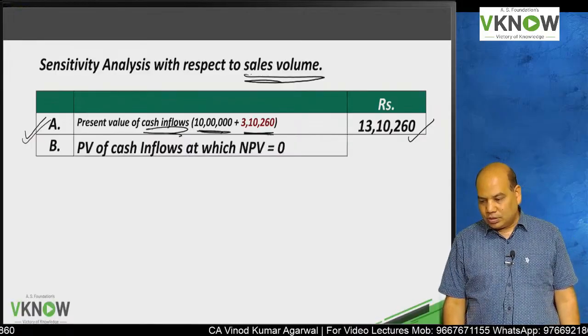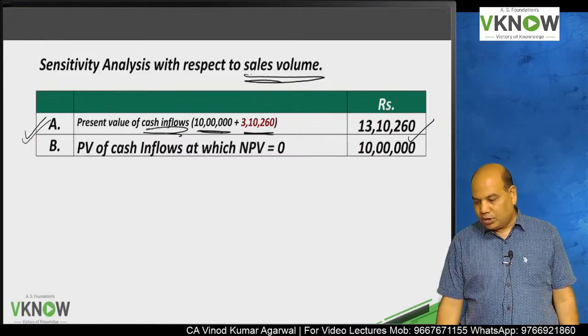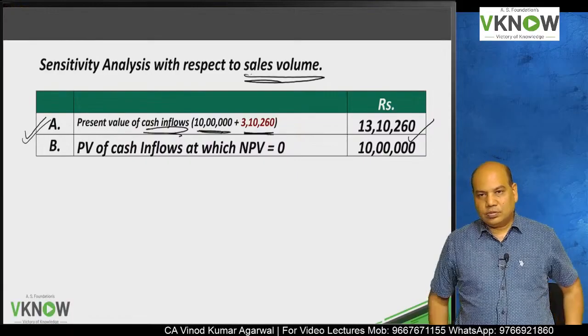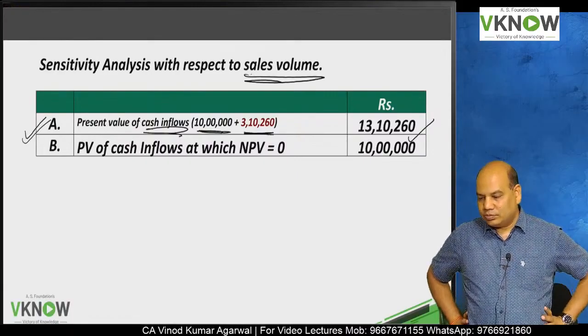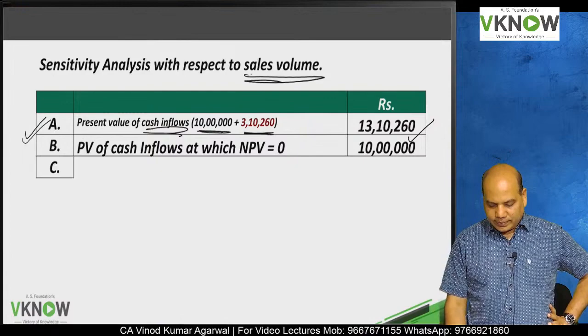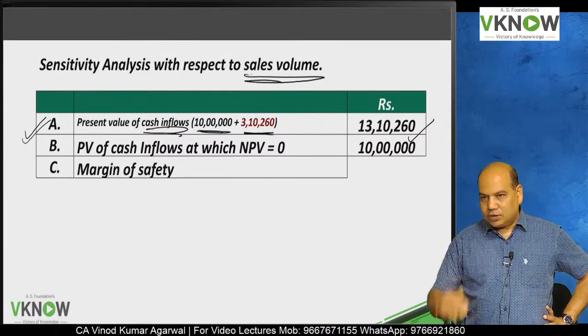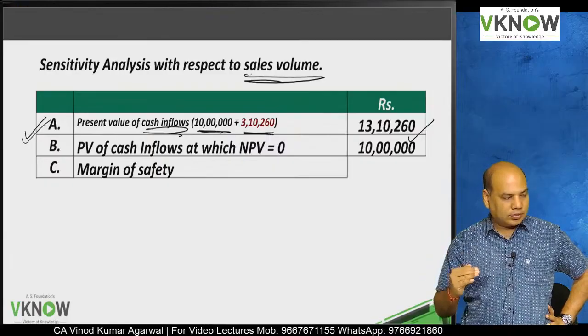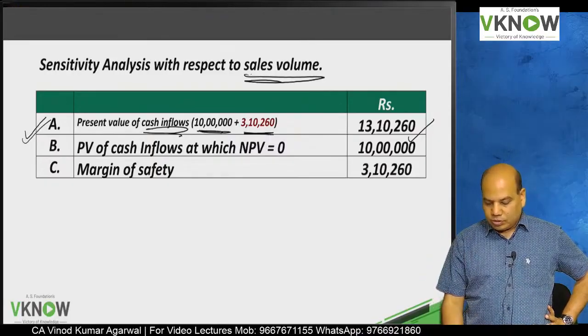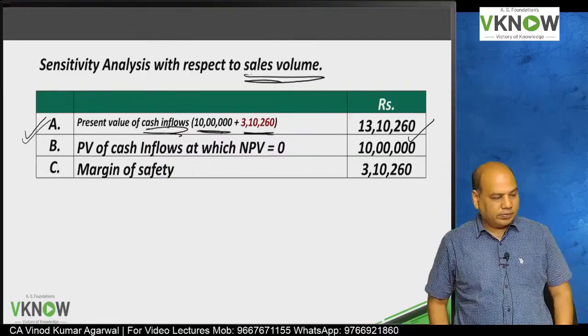Then write down, PV of cash inflow at which NPV is 0 is 10 lakh. If cash inflow reduces to 10 lakh, my NPV will be 0. So I have a margin of safety.